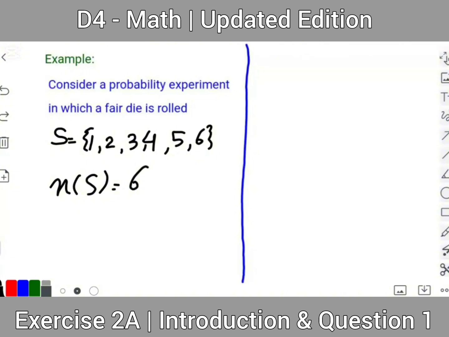Suppose E is the event that the number shown on the die is a multiple of 3. So we will write it in set builder notation like E equals x such that x is a multiple of 3.